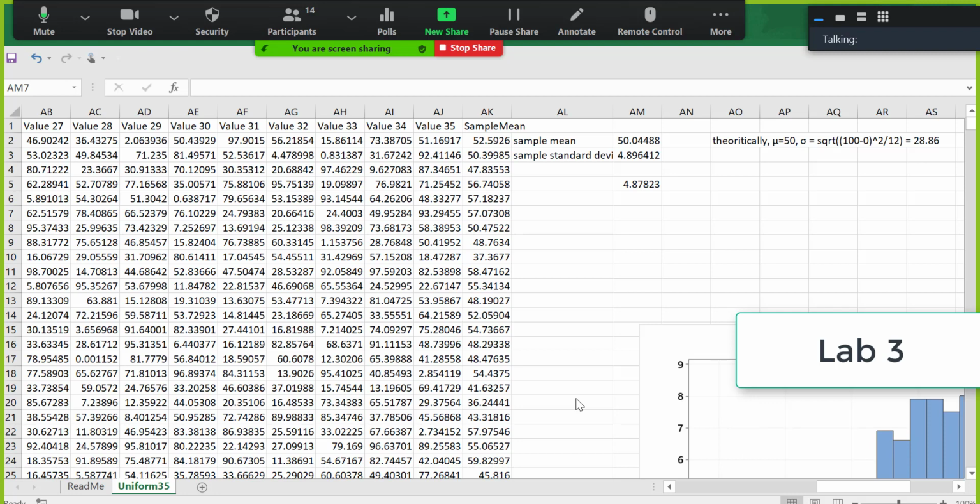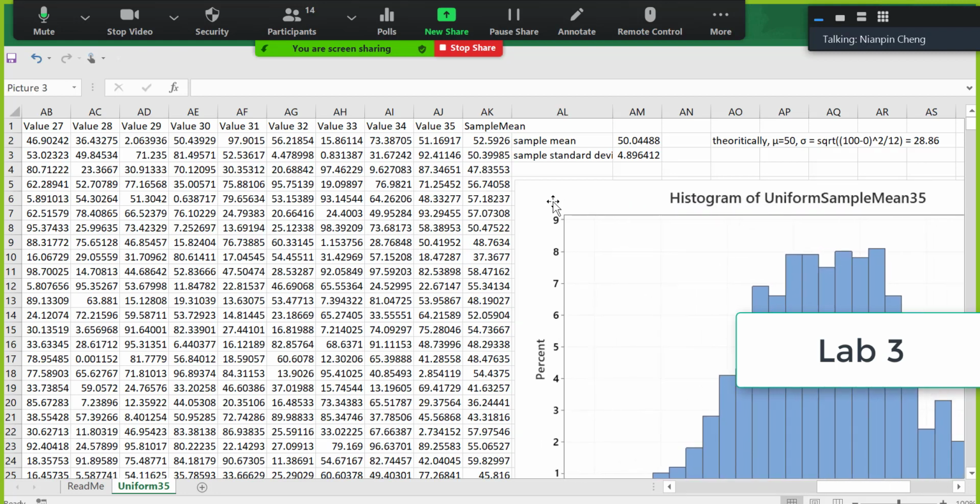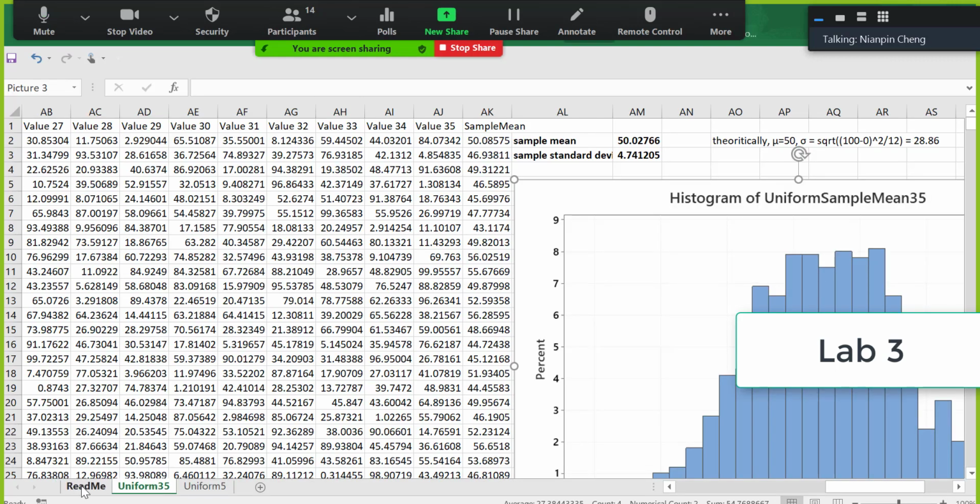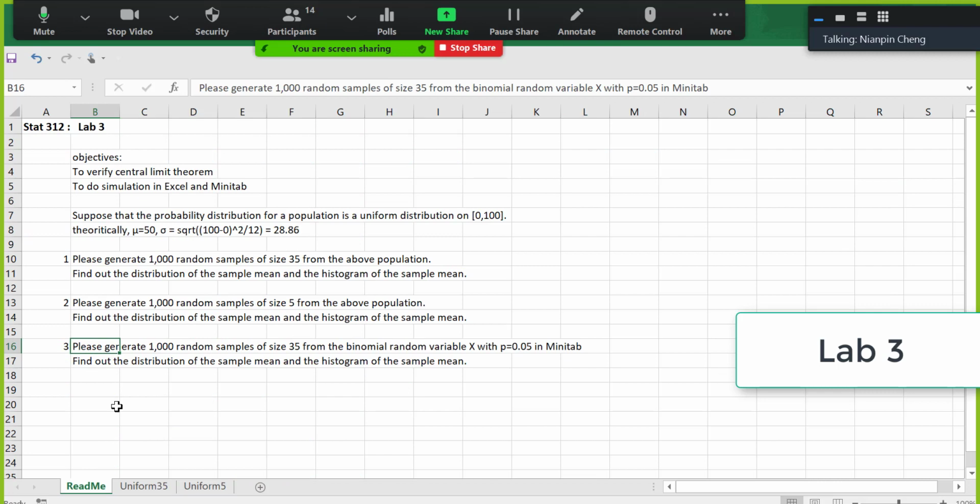So what we are going to verify: you need to provide the sample mean, these two, and also the distribution for the uniform, sample size 35, and then you need another one. You can use Minitab or Excel. At least one, like 35, use Excel, so you know how to generate random variables using Excel. And then I ask you to generate 1,000 random samples of size 35 from a binomial random variable.